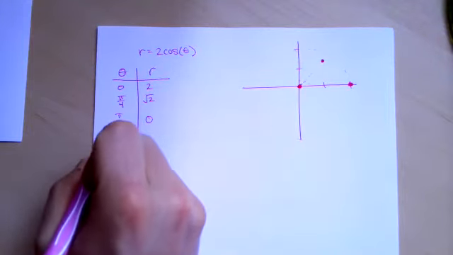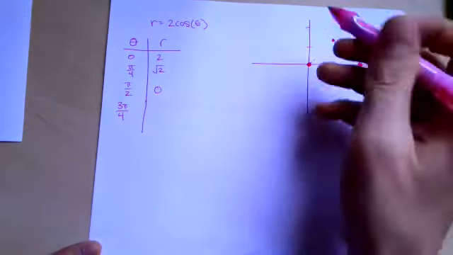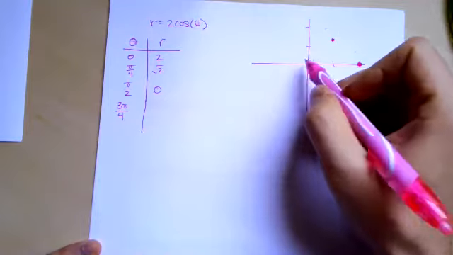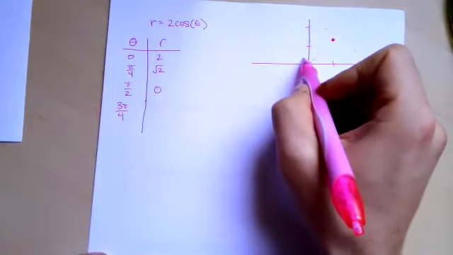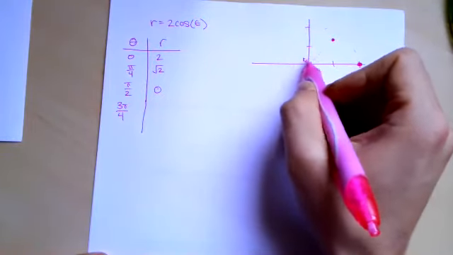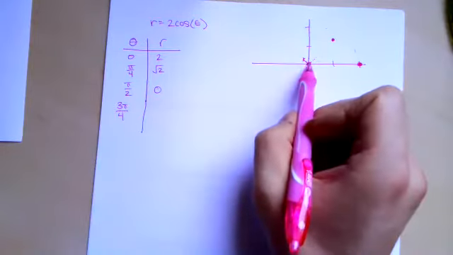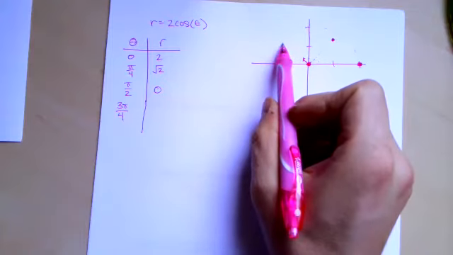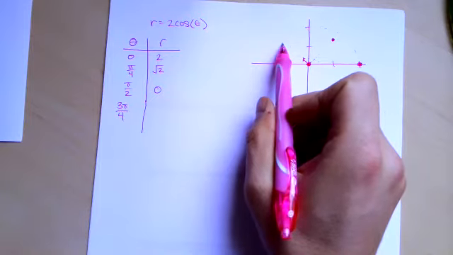So 3 pi over 4. I'm pointing now this way. You can think of it as a little arrow if it helps guide you, since our angle now is 3 pi over 4. Then we want to know, what's the radius? How far am I walking? What is cosine of 3 pi over 4? 3 pi over 4 is in the second quadrant, and cosine will end up being negative.